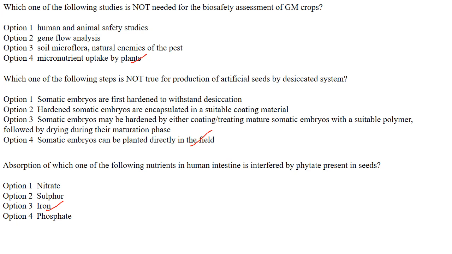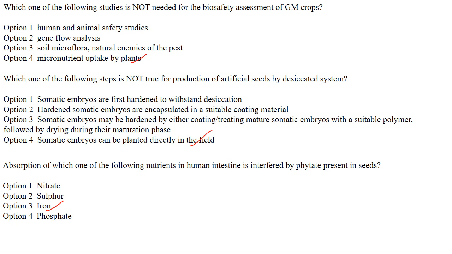Somatic embryos can be planted directly in the field. So the answer is option 4, that is somatic embryos can be planted directly in the field. That is not true for the production of artificial seeds by desiccated system. You cannot plant somatic embryos directly in the field.